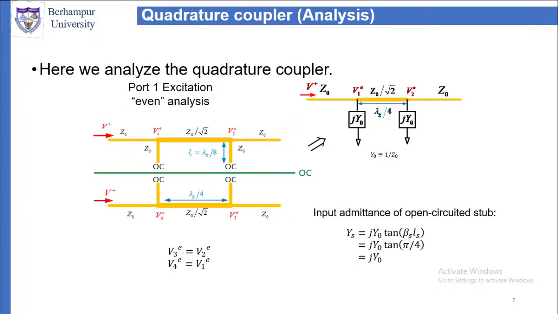Input voltage is V plus. Similarly for the lower part, V3 even is equal to V2 even, and V4 even is equal to V1 even. That is from symmetry. Once we find the result for the first one, the result will be repeated for the second.